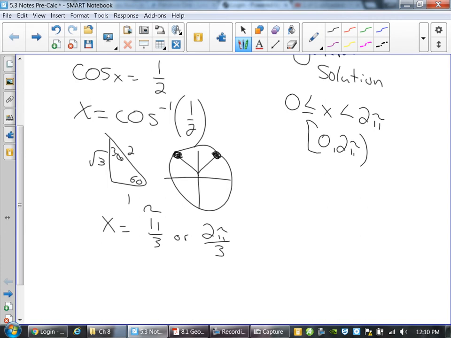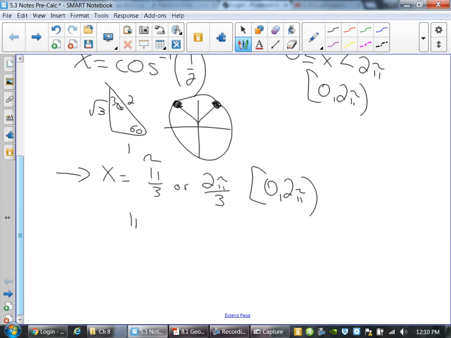No. So every time I'm at a pi over 3, if I go around one full revolution, I'm back at pi over 3. Same thing with 2 pi over 3. So this is your solution within one revolution. And the other one would have been pi over 3 plus 2 pi n, for the number of times you go around.